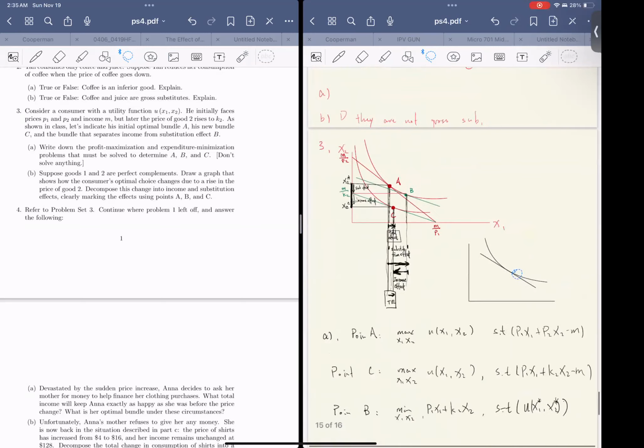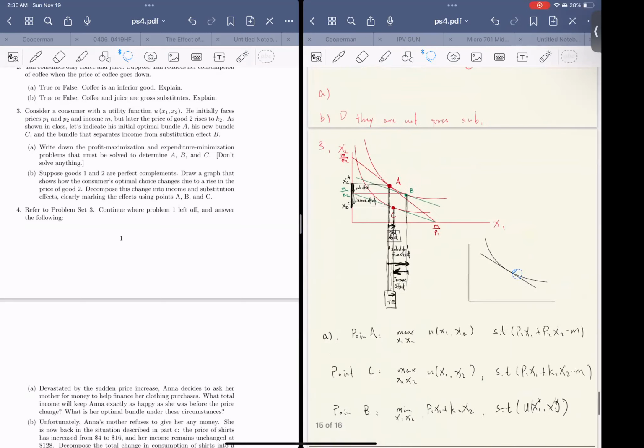It's just gonna look like this. Okay, yeah, it touches.